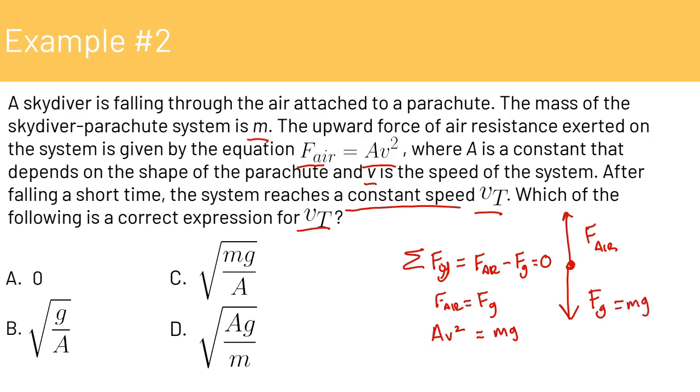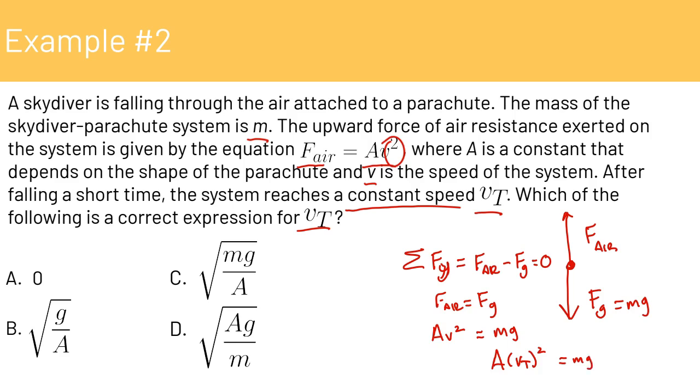So V is Vt, that's the speed at the point that these forces are equal to each other. So we have A times Vt, and that's squared, is equal to mg. And we're solving for Vt.